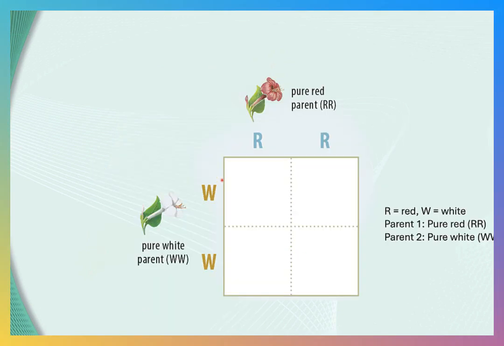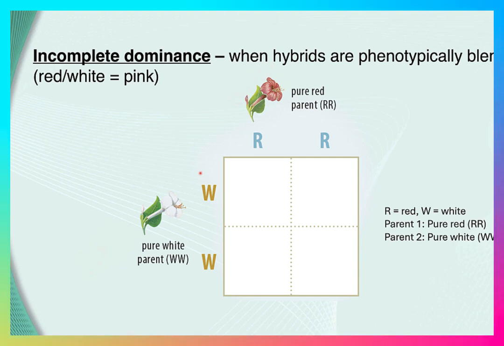recessive green. You have here a pure red parent, and incomplete dominance occurs when neither of these traits is dominant over the other. What happens in an incomplete dominance situation is that the phenotype is a blend of the two colors.